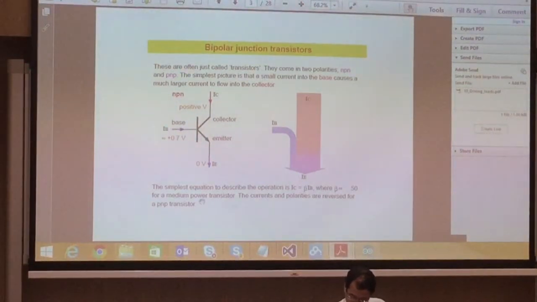And the current here, IC equals beta times IB. So beta is the amplification. Typically it's in the range of 50 to 100, depending on the kind of transistor you're going to use. Okay. So for the PNP, it is somewhat similar.